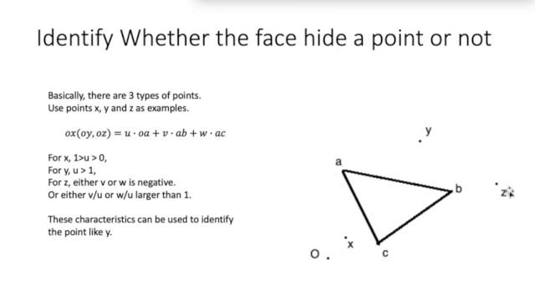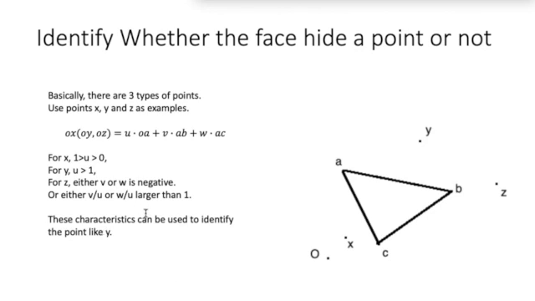For Z, which can be in here or in here, the AB, AC can be negative, or one of AB, AC is negative, or V divided by U or W divided by U will be larger than 1.